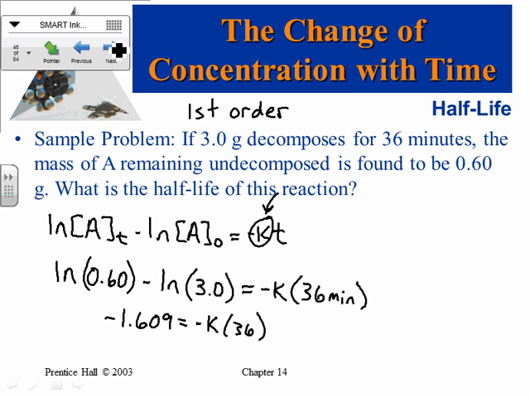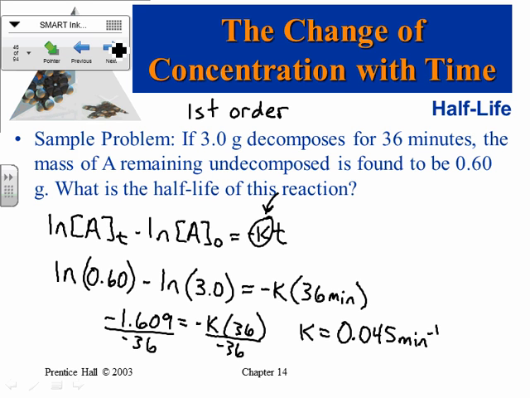Divide both sides by negative 36. I'll get rid of the negative. And our k here should equal 0.045, good job on the sig figs. 0.045 minutes to the negative 1.